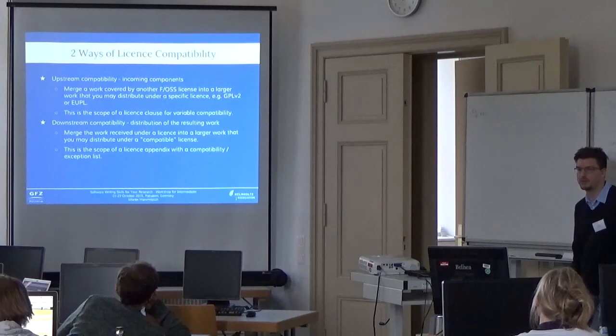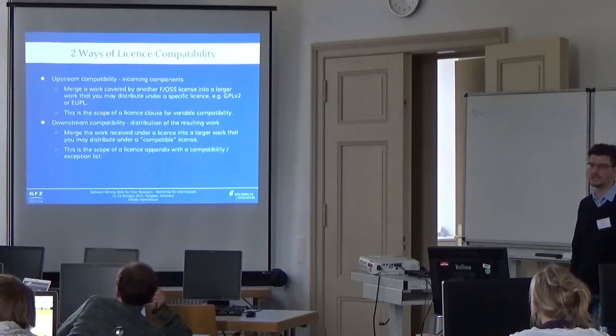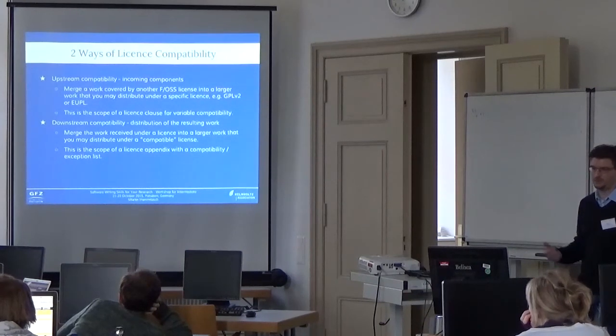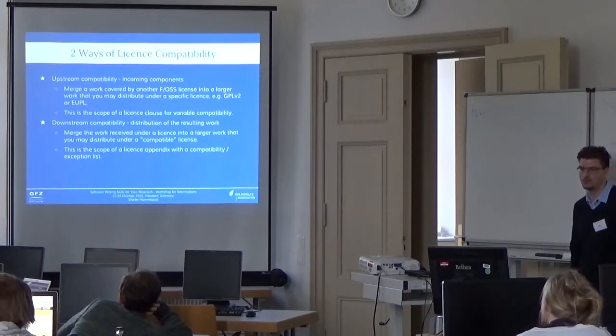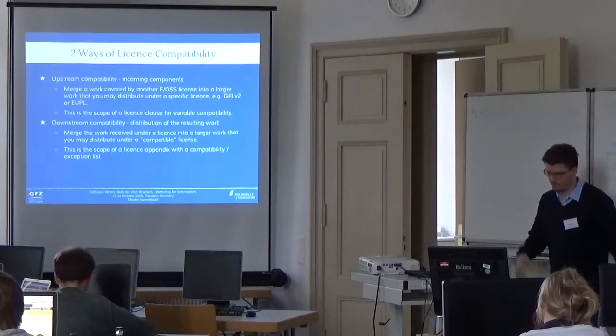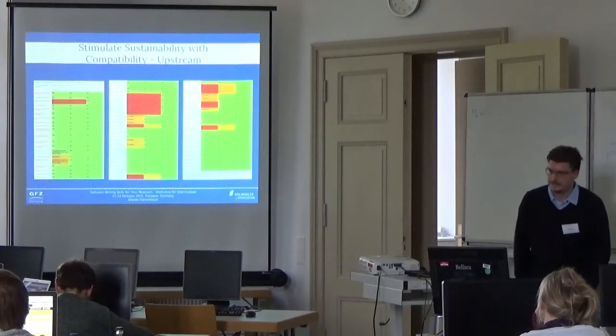We will talk about that later. And we have downstream compatibility, where the distribution of the result is considered. So when the work received under a license is merged into a larger work that might be distributed under a compatible license, and this is also the scope of license appendixes. Now it starts to become complicated.